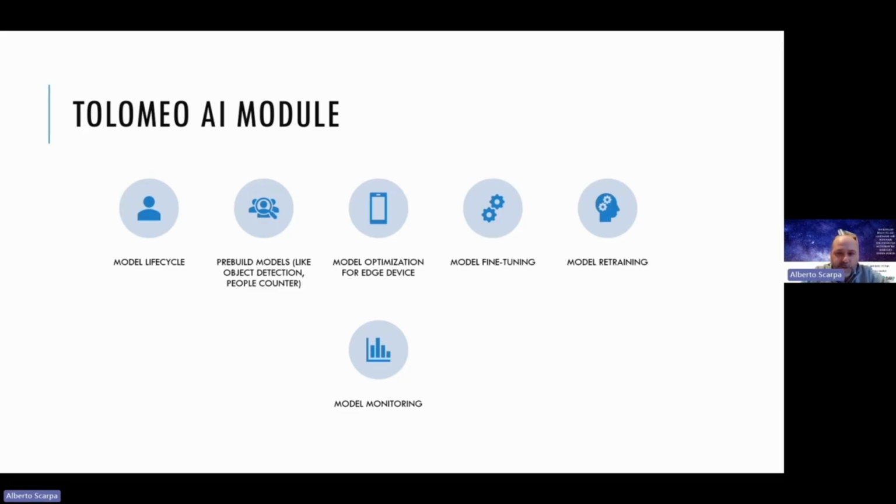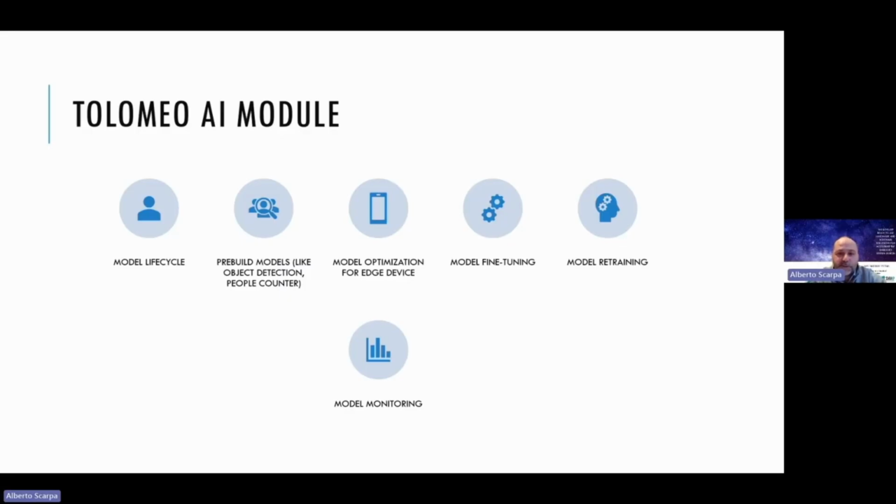Some core features of the ToloMEO AI modules are the model lifecycle management, from the creation, optimization, deployment, and monitoring of the model, with versioning and rollback, and also the monitoring of the performance.